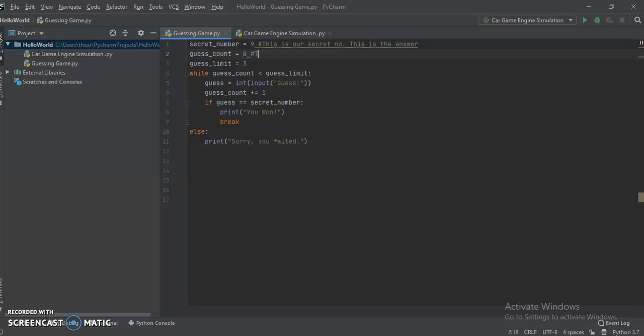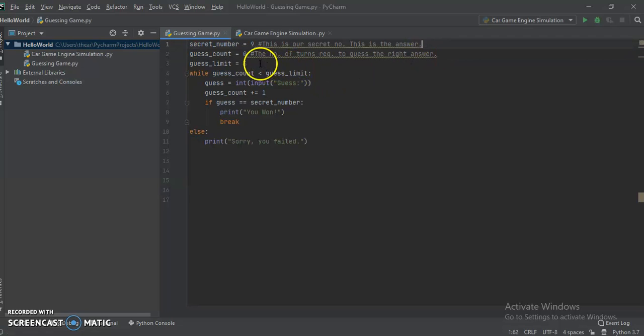Guess count is the number of turns that you have taken, or to put it simply, the number of turns required to guess the right answer. Okay, you get it?